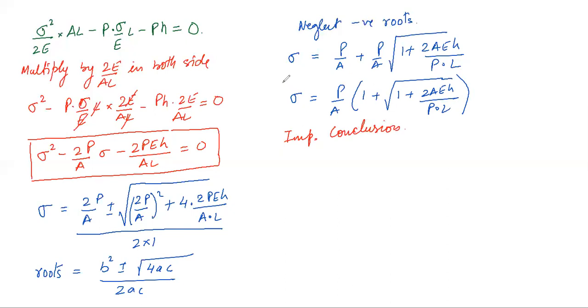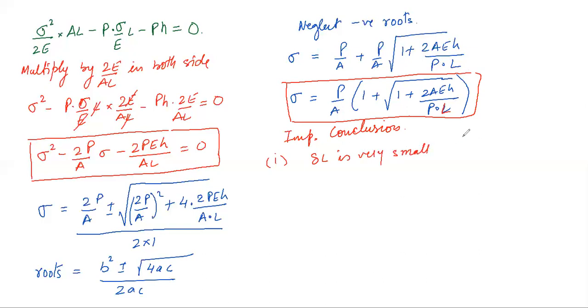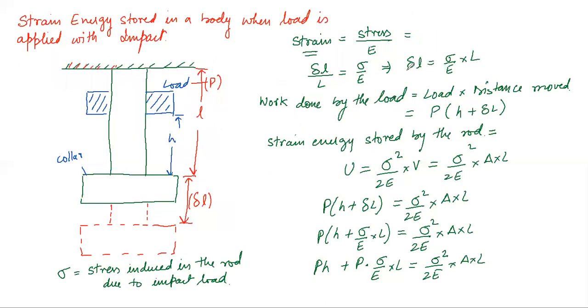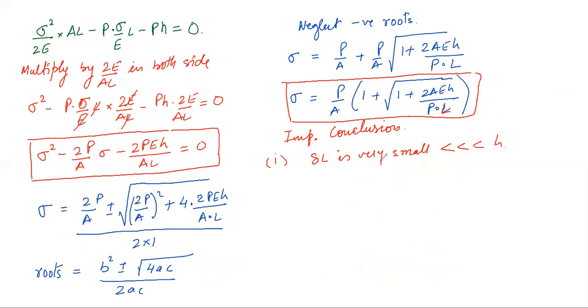You can see that you can obtain the value of sigma from this expression, and based on this, you can obtain some conclusions. The first part: if delta L is very small in comparison with H, then the work done by the load is P cross H, right?